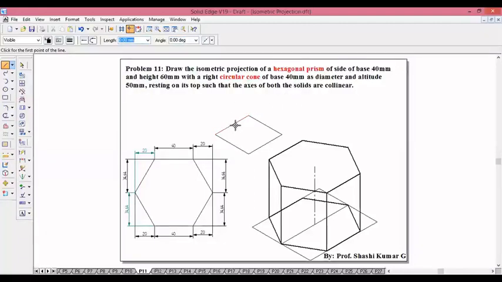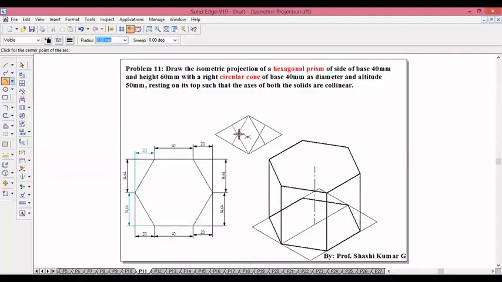Then the base of the cone is a circle. The isometric view of a circle is an ellipse. So construct the ellipse by the center point method, by joining the corner to the opposite midpoint. Go for arc by center point method.